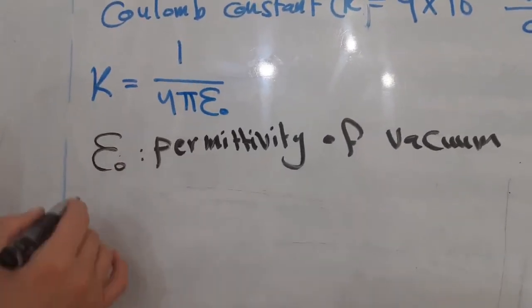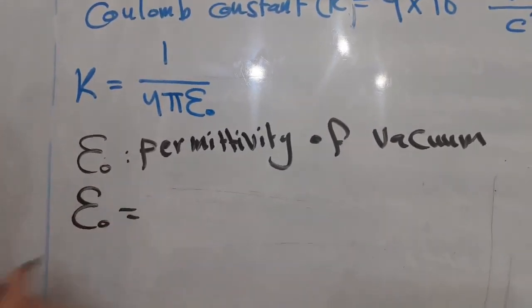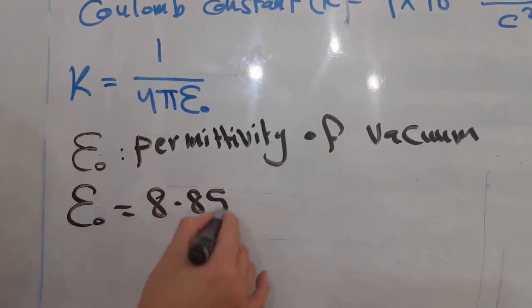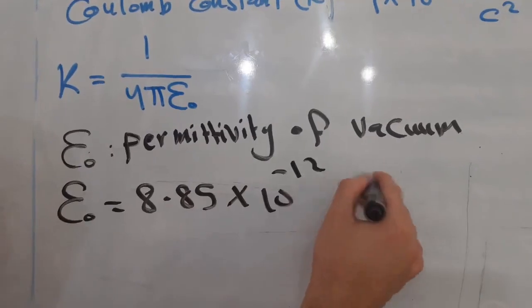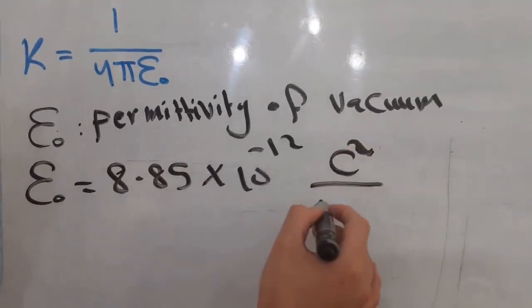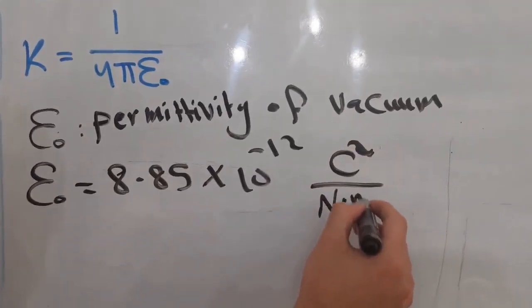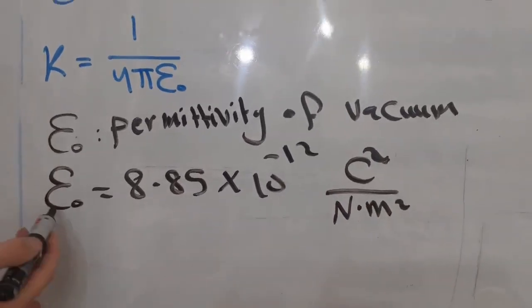Permittivity of vacuum epsilon naught equals 8.85 times 10 power minus 12 Coulomb square per Newton meter square. Okay, this is for vacuum.